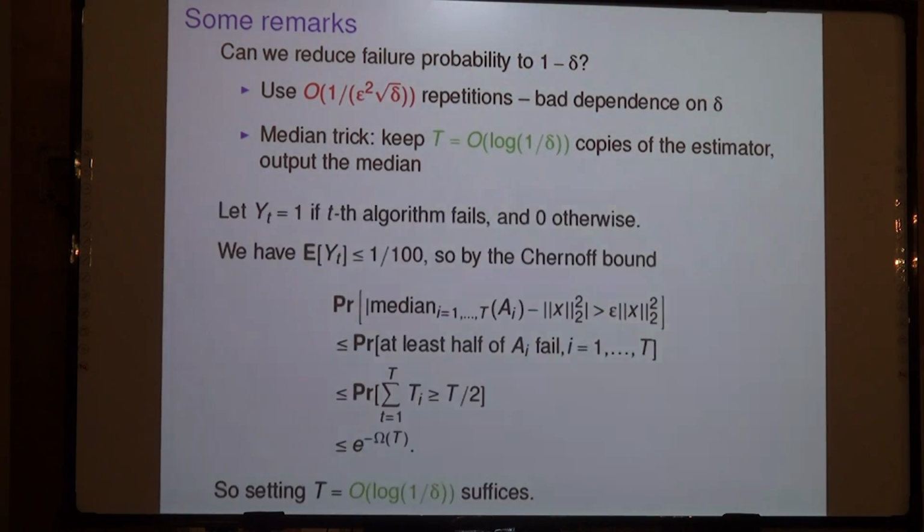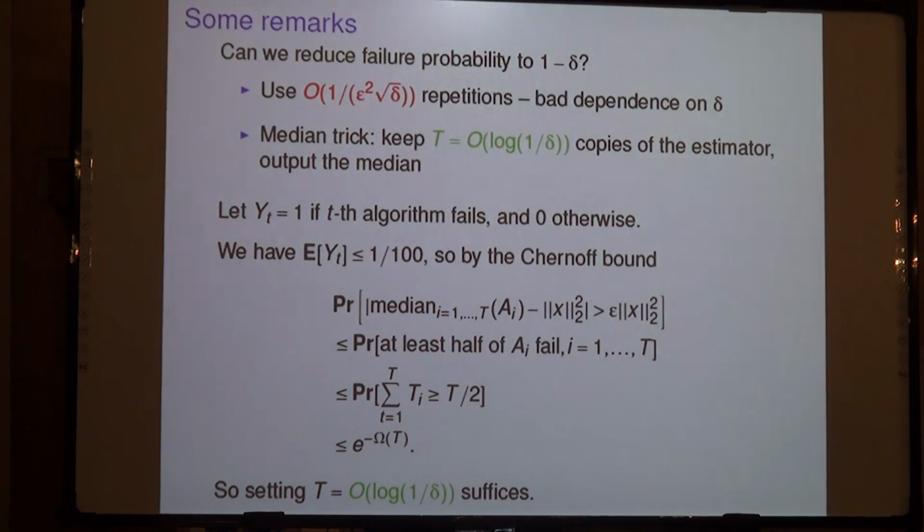Then we choose order log 1 over delta copies of this estimator, and we keep order t copies of this algorithm in parallel. All these copies will use independent random signs. After that, we take the median of the answers.